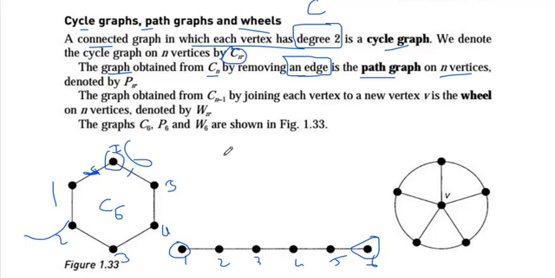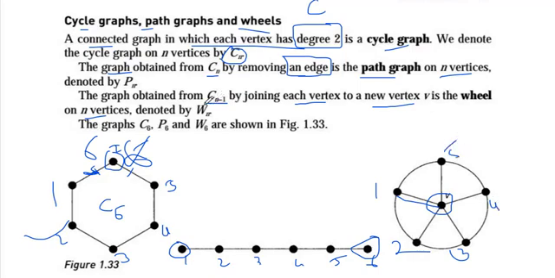Then the wheel graph, the graph obtained from Cn minus 1. You have to remove one vertex and then join each vertex to a new vertex V; that is the wheel on n vertices. Let's say I have removed vertex 6, and I add a new vertex V connected to all the vertices 1 2 3 4 and 5.